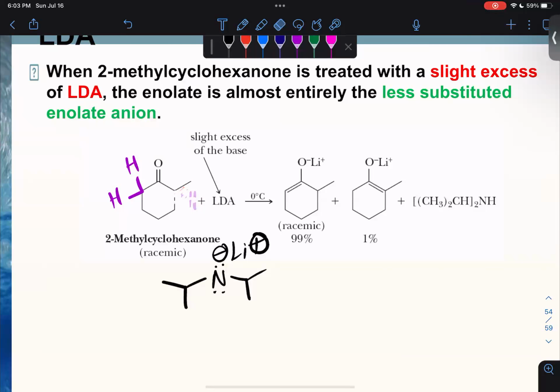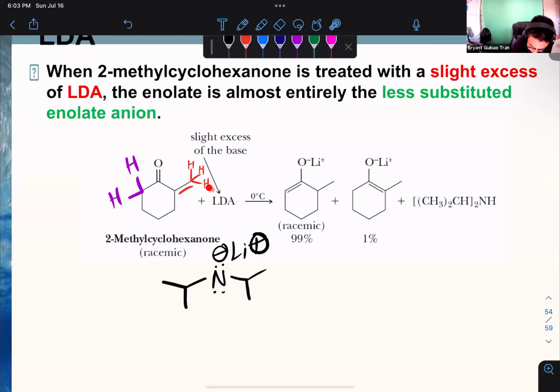Yeah. 2, 4, 6, 8. 1, 2, 3, 4, 5. 5 bonds. Oh yeah, the other carbon of the hydrogens. And also this other carbon here.